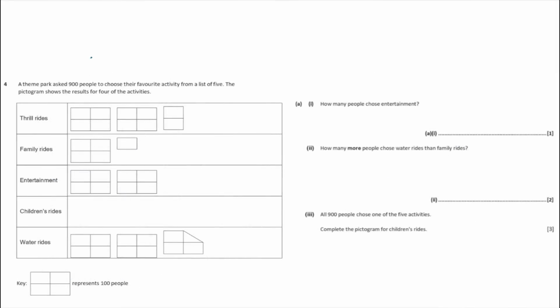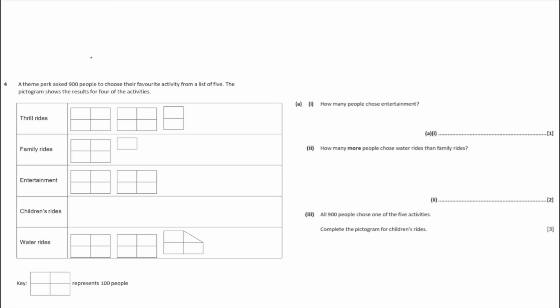A theme park asked 900 people to choose their favorite activity from a list of 5. The pictogram shows the result for 4 of the activities. So we've got thrill rides, family rides, entertainment, children's rides, water rides. The key shows that a little grid with 4 little cells represents 100 people.